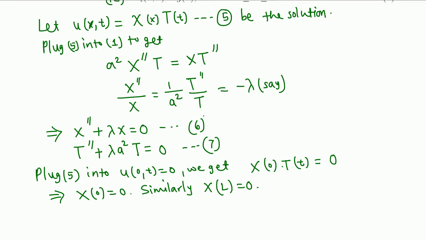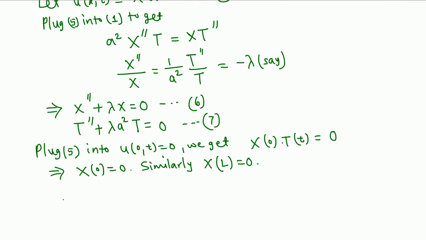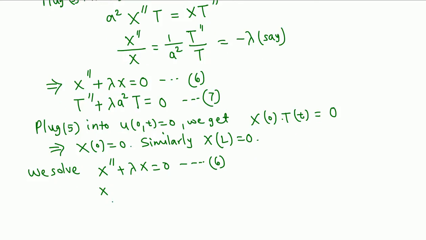Now we want to solve 6, this ordinary differential equation with these boundary conditions. Okay, we solve 6, that's X double prime plus lambda X equals 0, and X at 0 equals 0, X at L equals 0.